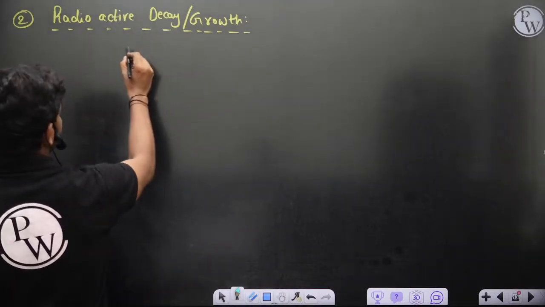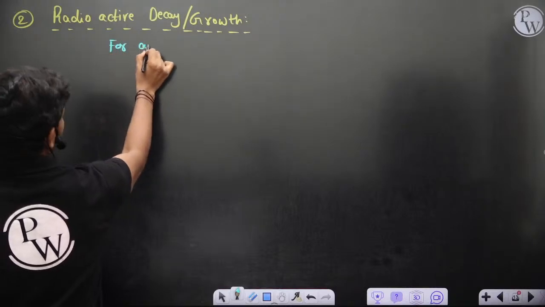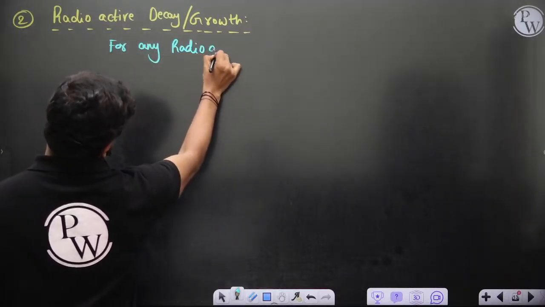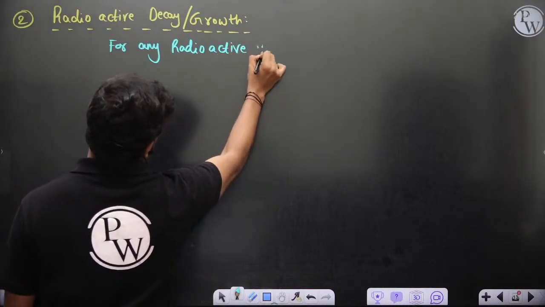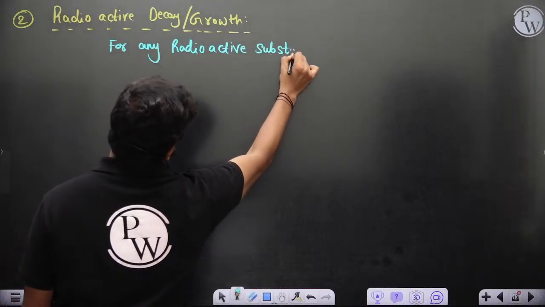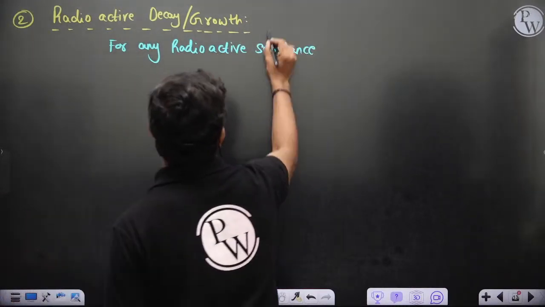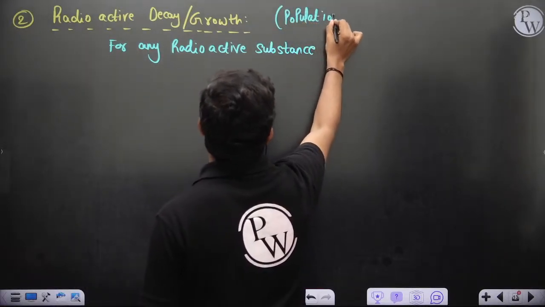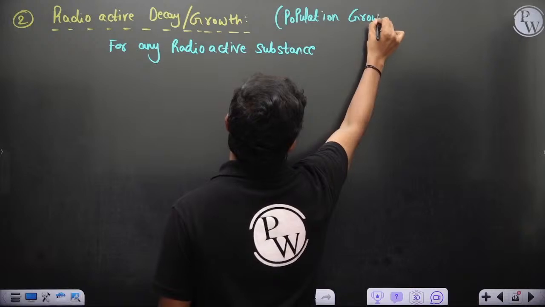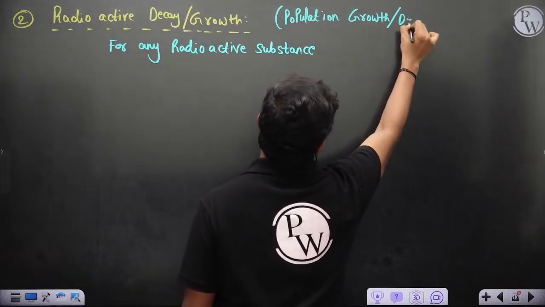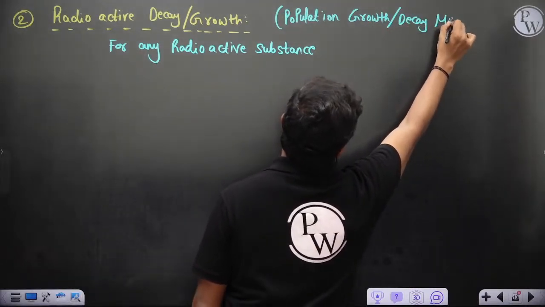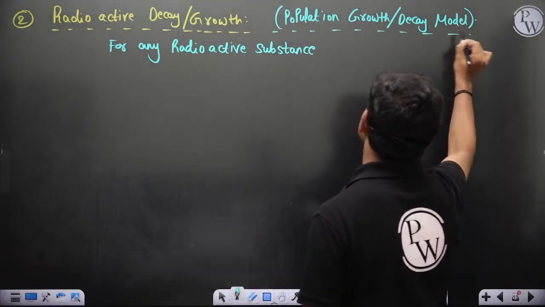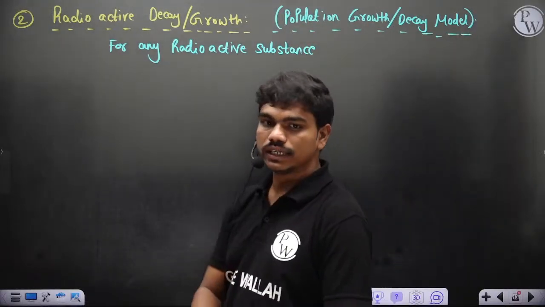Let's see for any radioactive substance or bacteria sometimes. It's also called the population growth or decay model. So you can use this name as well.